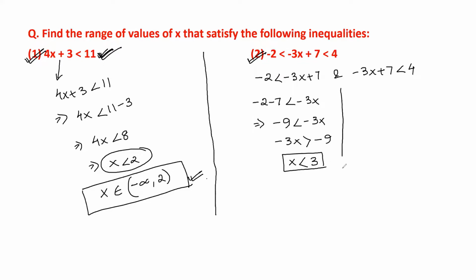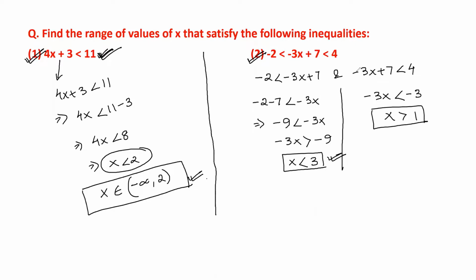In a similar way, for the second part of the inequality, this would be -3x < 4 - 7, which would be -3. Again, we can divide this by -3. So this would be x, and this would be 1, and the inequality sign will get reversed. So this would be x > 1. So x is less than 3 for the first part and x is greater than 1 for the second part.